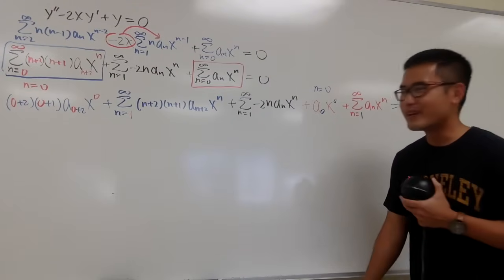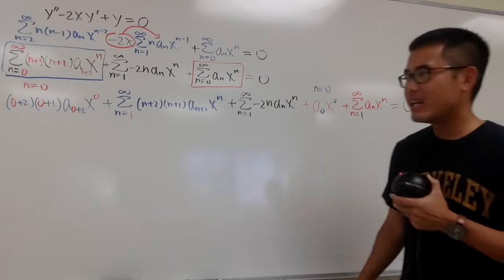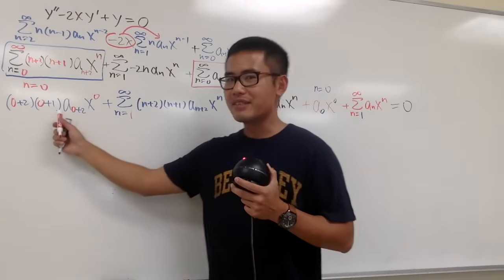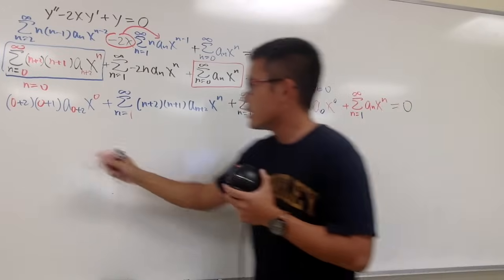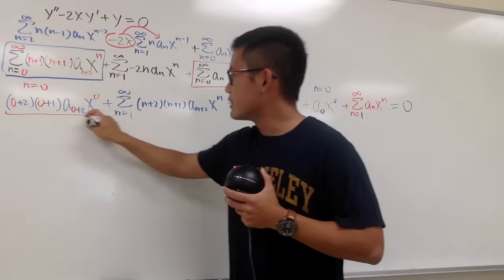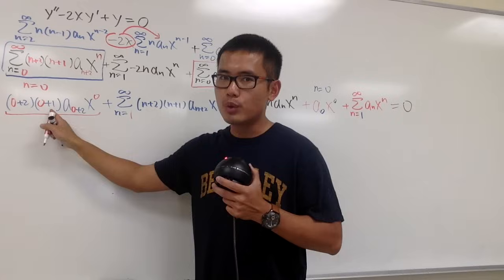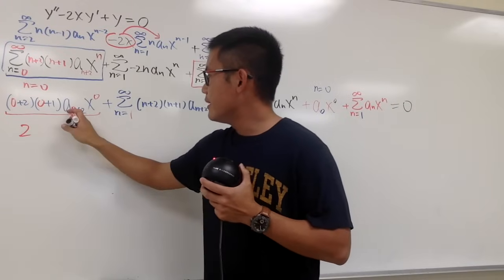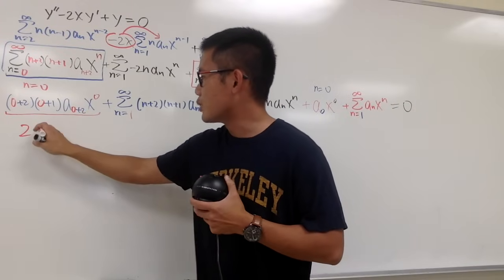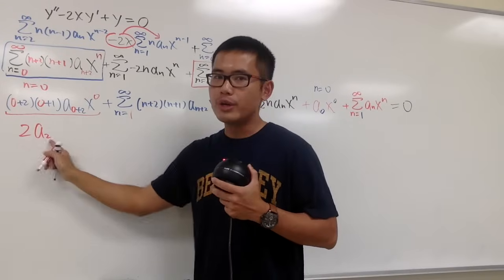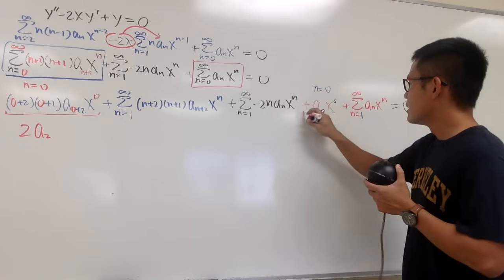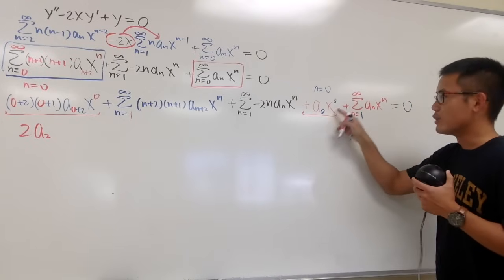And now what? Well, let's take care of the things that are not inside of the sigma notation, namely this and that. Let's look at this term first. It's 2 times 1, which is 2, and then 0 plus 2 is 2, but that's a subscript, so we have a2. X to the 0th power is just 1, so this is just 2a2. And for this, it's just plus a0, because this is just 1.